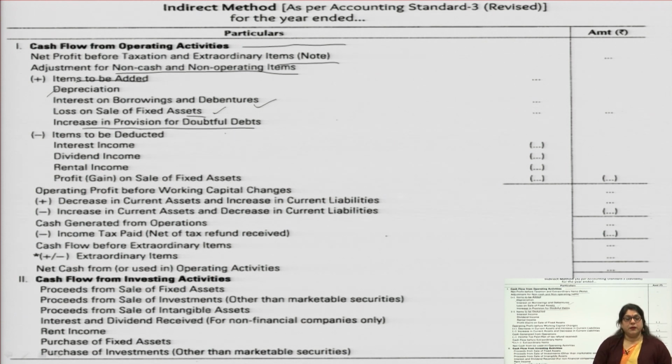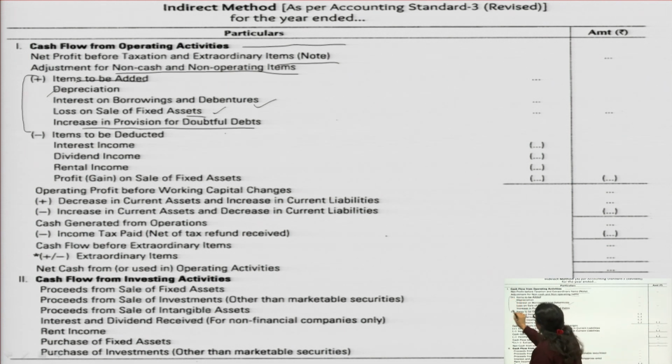For preparing the cash flow statement, we are taking the two years' balance sheet and P&L account, and in this way we are checking how cash is flowing. These are the items which you need to add.